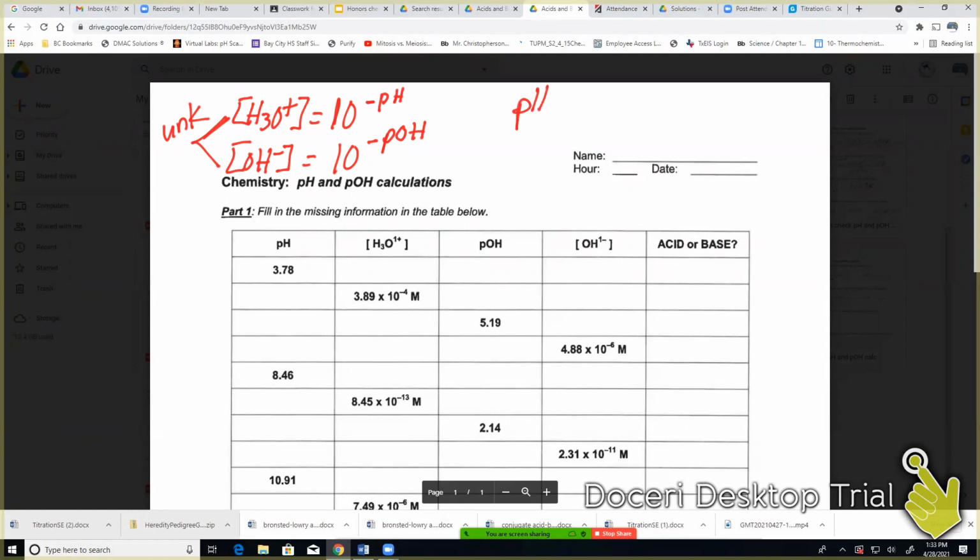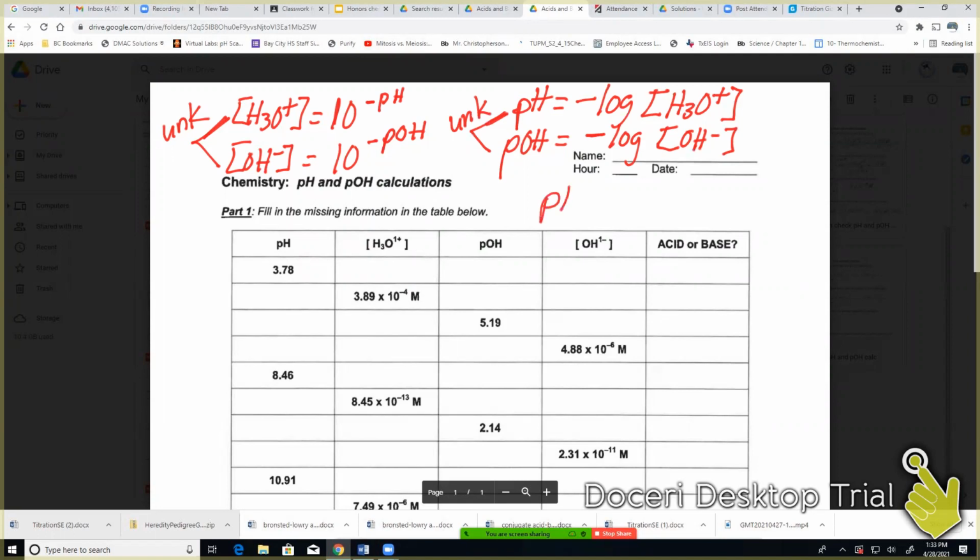Then if I want to find my pH, it's negative log of my H3O plus concentration, or pOH is negative log of my OH concentration. So that's if what you're missing is your pH or your pOH. And then, of course, pH plus pOH equals 14. Also, we use that a lot.